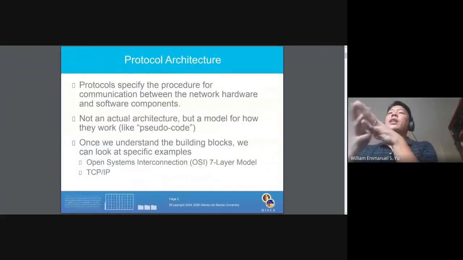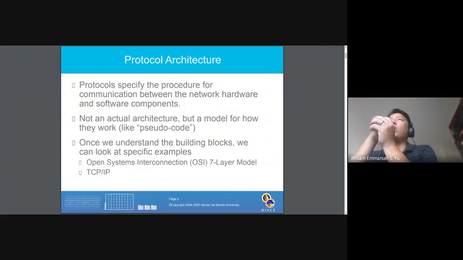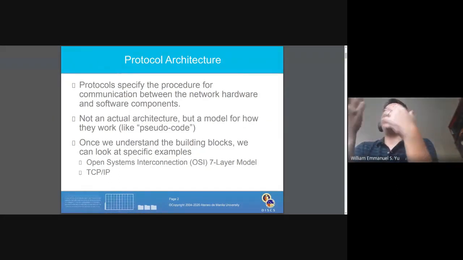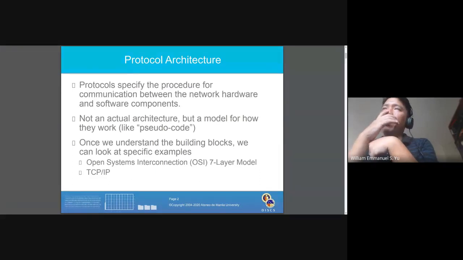So now we discussed how to convert physical things into data, like pictures or video and stuff like that. We also talked about the actual transmission medium that we need to bring data to and from each other. Now we're going to take a step back and talk about the protocols. Protocols are important because you need to agree on a language in order for people to communicate with each other.